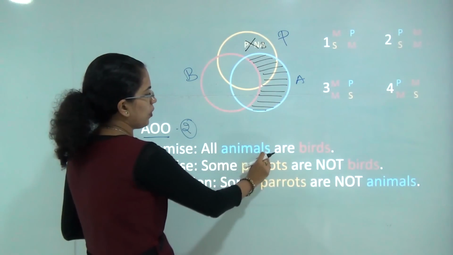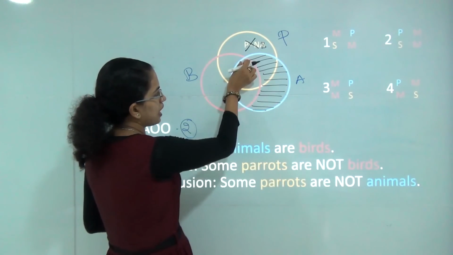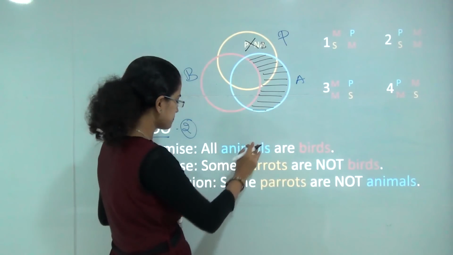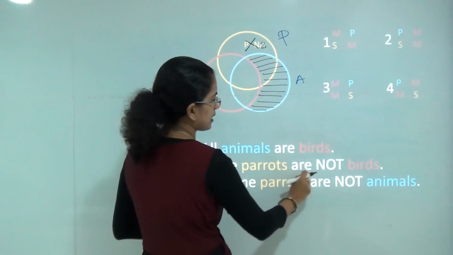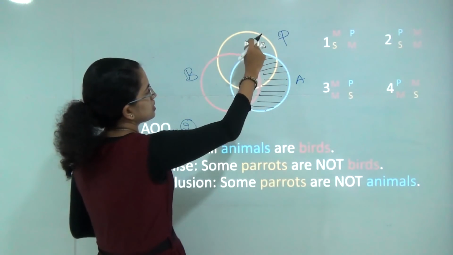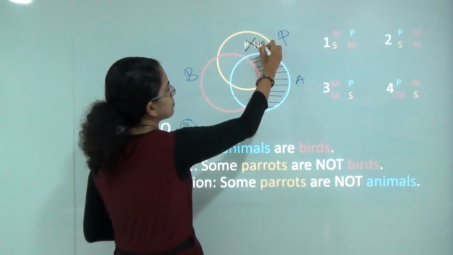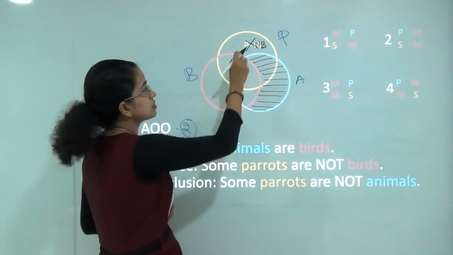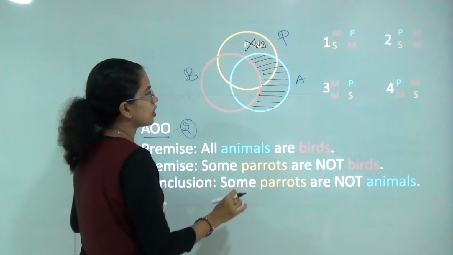So if I say all animals are birds, once again I am excluding the remaining region. The next statement I say some parrots are not birds. So this is the region of some parrots which are not birds, and this is the region of parrots which are birds. So this is the region of some parrots that are not birds.